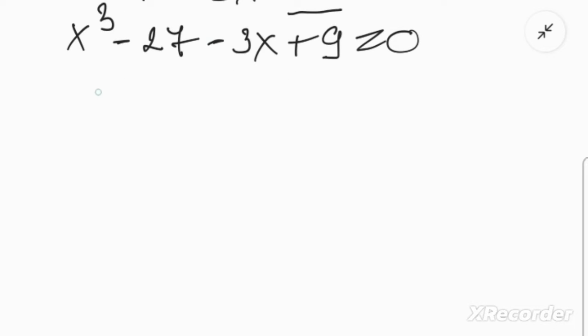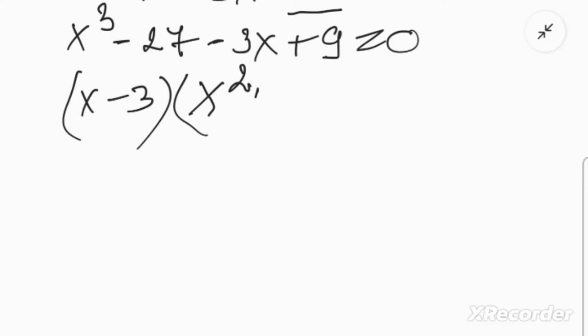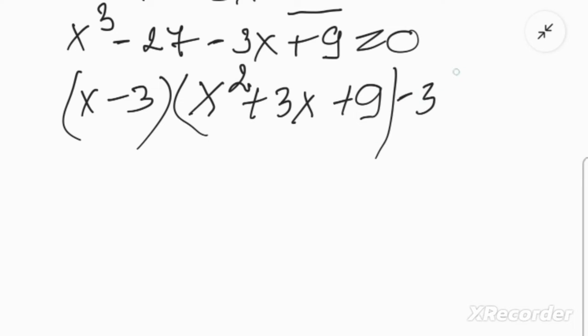Here we have (x minus 3)(x to the power of 2 plus 3x plus 9) minus 3(x minus 3) equals 0.